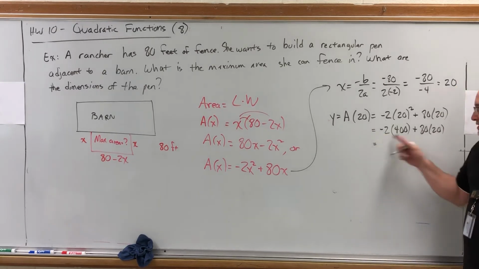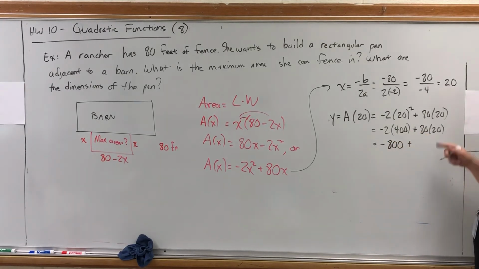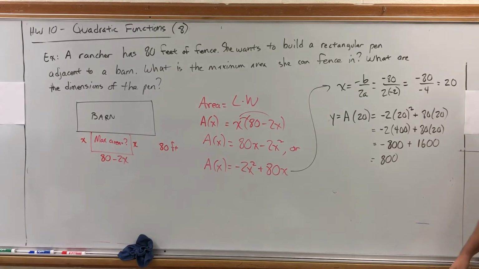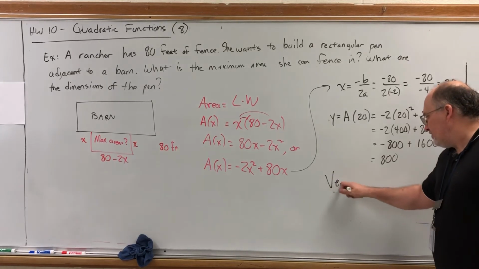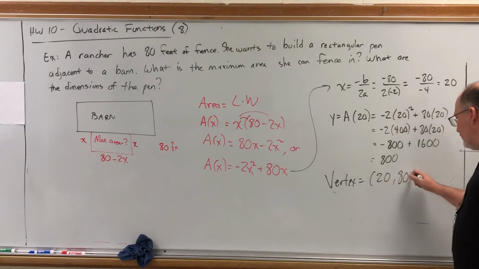Multiplication is next. Negative 2 times 400 is negative 800. 80 times 20 is 1,600. And lastly, combine them. Negative 800 plus 1,600 is 800, which means our vertex is (20, 800).